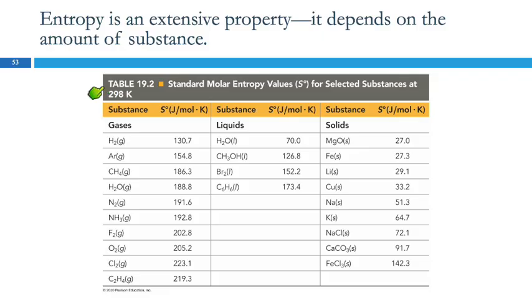Table 19.2 gives several here, and then there's a more extensive list in the appendix of your textbook. Are any of these perfect crystals at 0 Kelvin? Do any of them have 0 entropy? No, they don't.